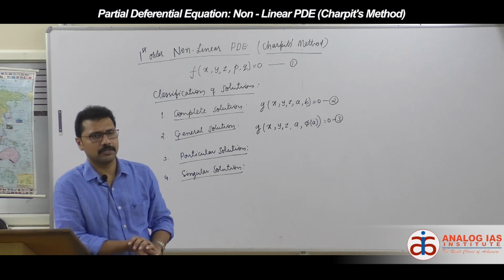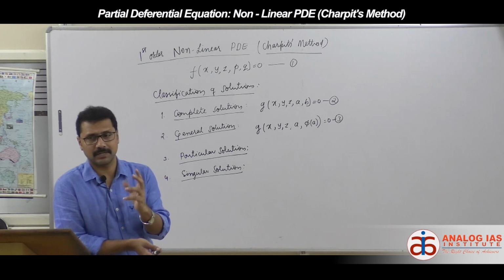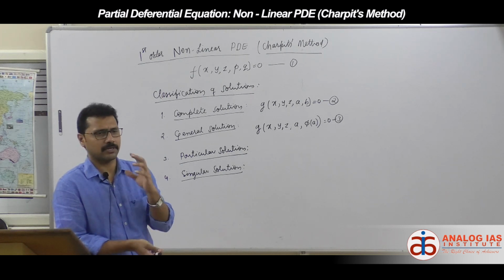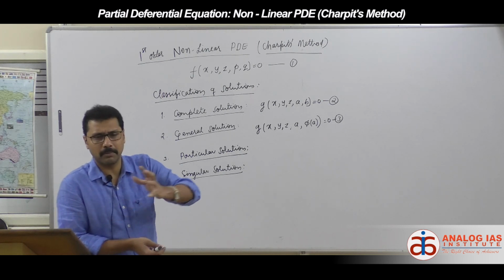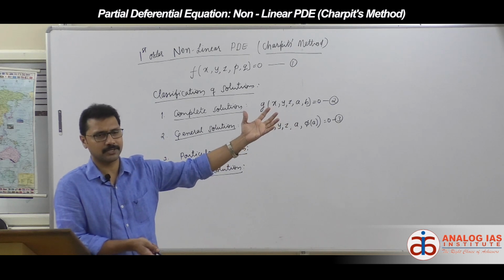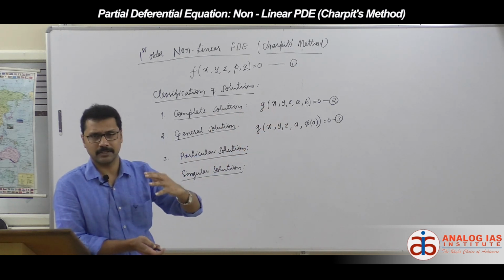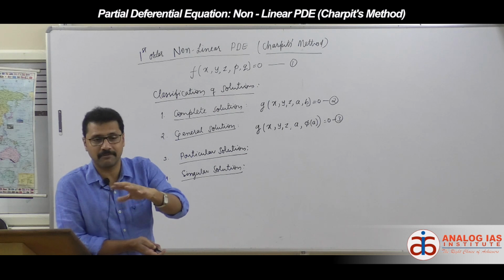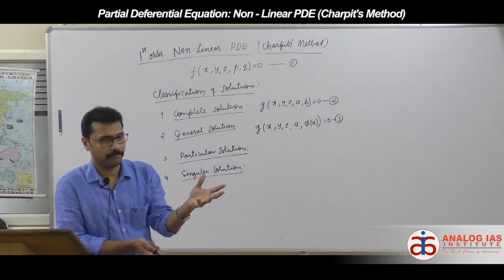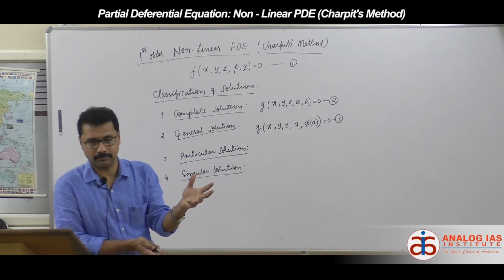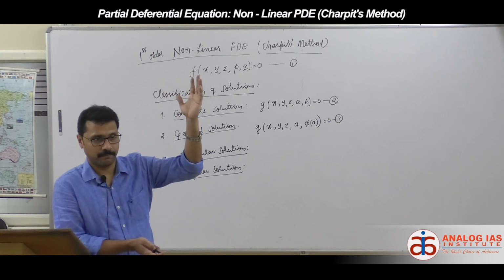Singular solution is a special surface which has some relation with every member of the family. What is that relation? This particular surface actually touches every member of the family. Remember that? In ODE also we had a similar kind of experience.